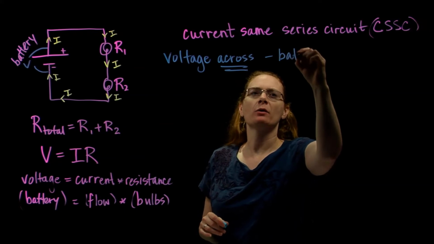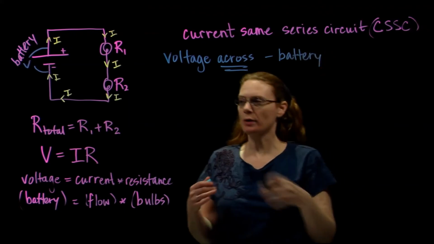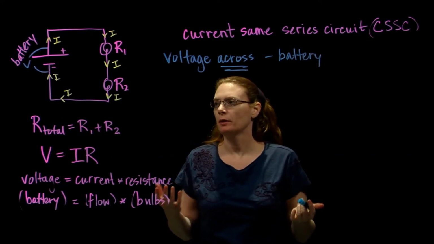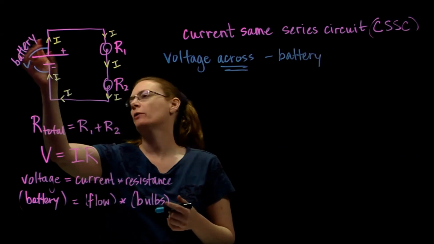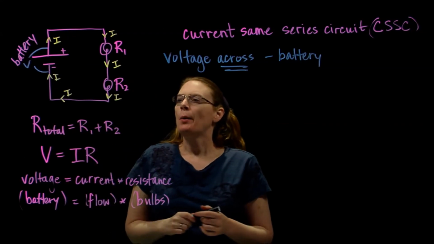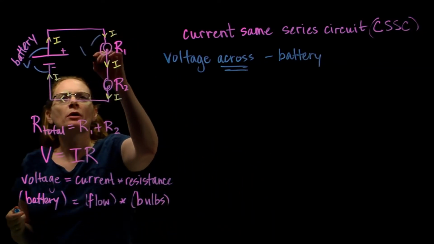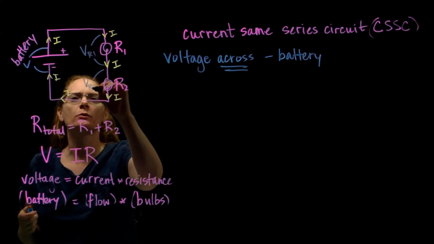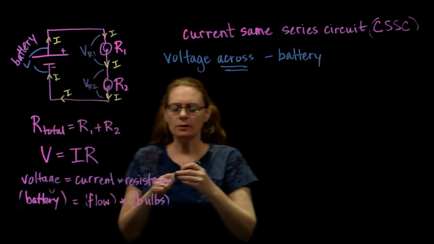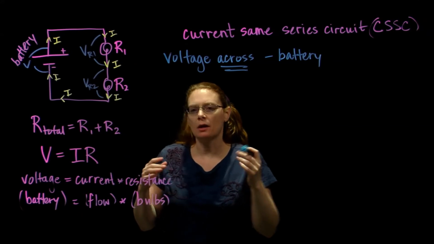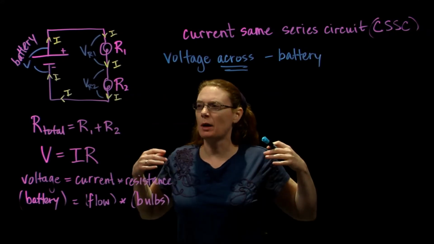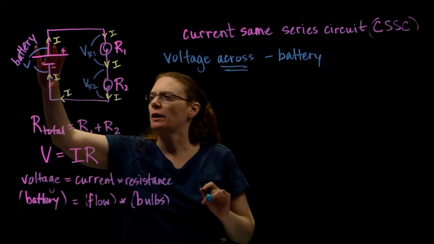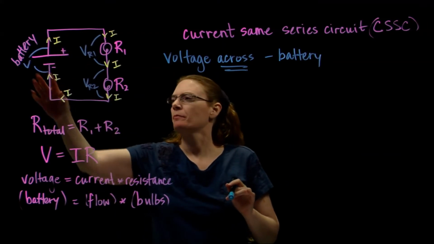So a battery is the source of the movement of the charge, and that voltage is pretty straightforward. I mean, we've got a 1.5 volt battery, we've got a 9-volt battery, whatever. But we've got to think about what is true about the voltage across resistor 1 and what's true about the voltage across resistor 2. So if voltage is like a push, it's an amount that is being pushed on the charges. From here to here, we have a certain amount. Let's say it's 9 volts.